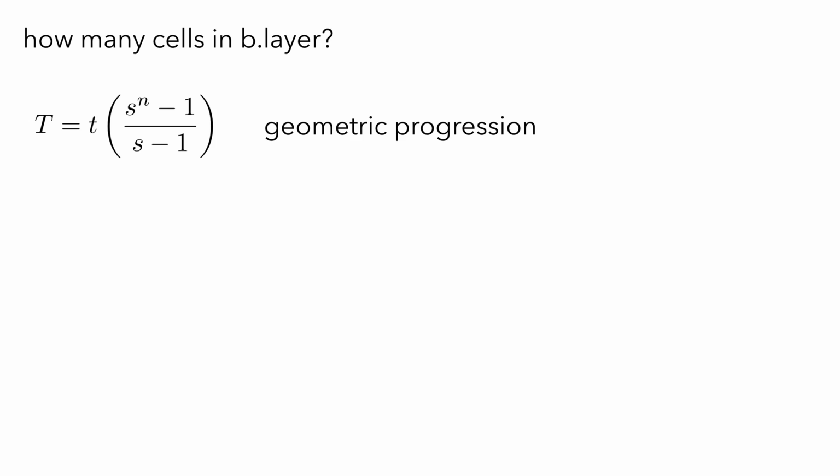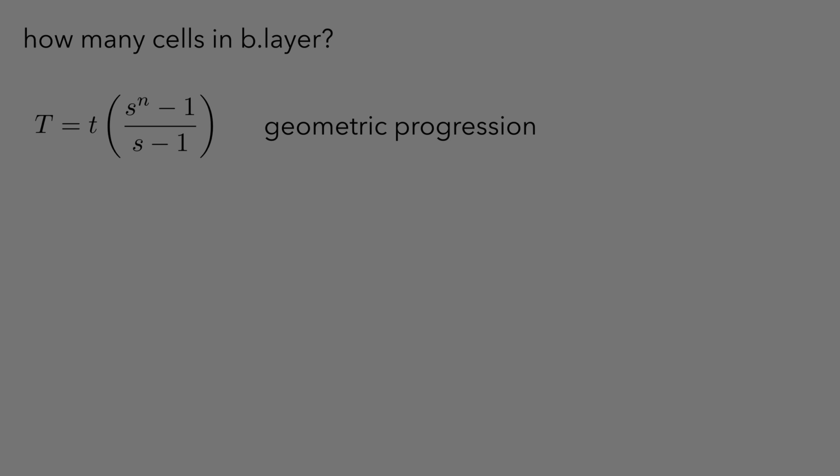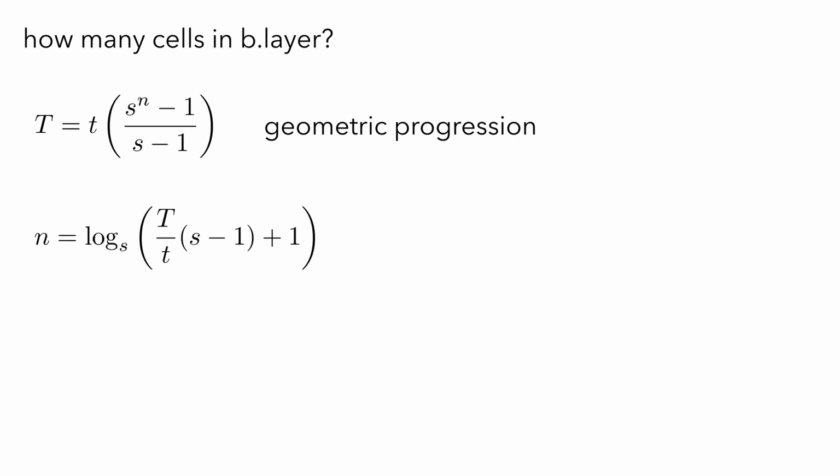We want to know N. Let's go back real quick. The growth rate I can usually specify a priori. I can say I want a growth rate of, say, 1.2. That would be a value that I like to use.